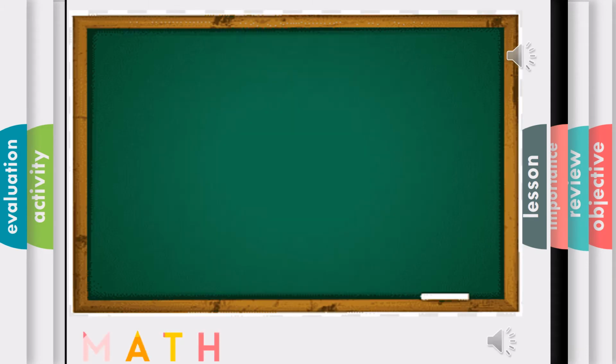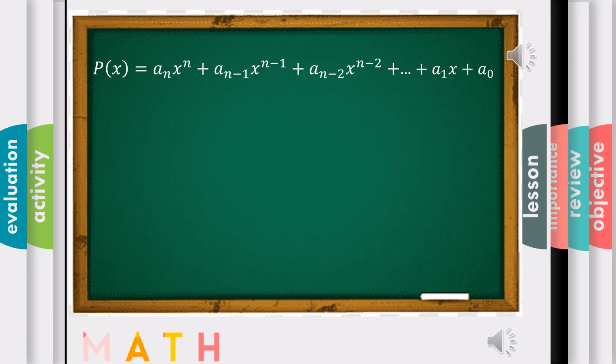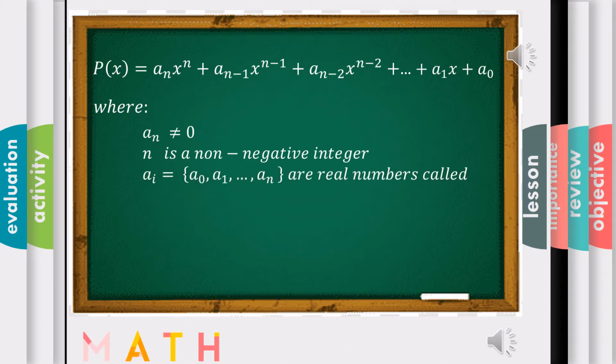It is a function of the form p of x equals a sub n times x raised to n plus a sub n minus 1 times x raised to n minus 1 plus a sub n minus 2 times x raised to n minus 2 plus and so on, plus a sub 1 times x plus a sub 0, where a sub n should not be equal to 0, n is a non-negative integer, and a sub 0, a sub 1, up to a sub n are real numbers called coefficients.